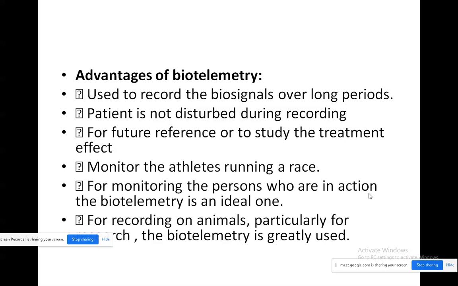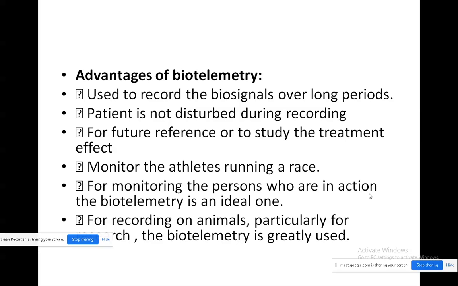Because he is running, to avoid accidents, since sometimes the pulse may increase and decrease while running, that can be monitored. For that only you use biotelemetry. Based on that you can provide the treatment.